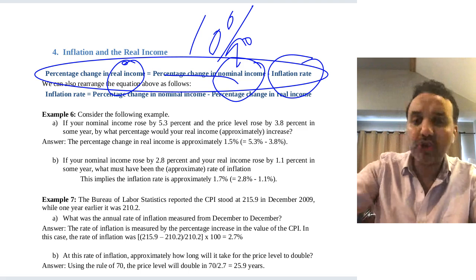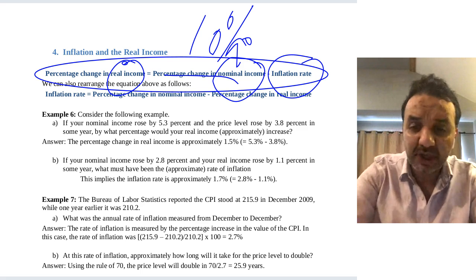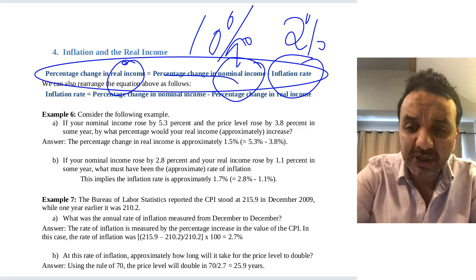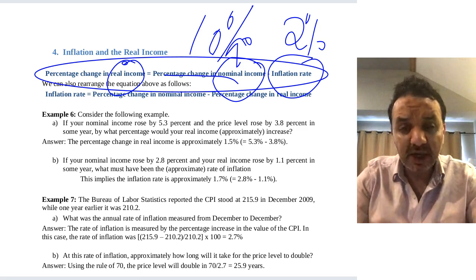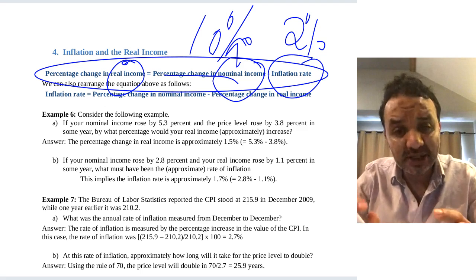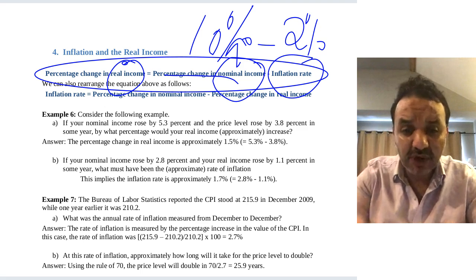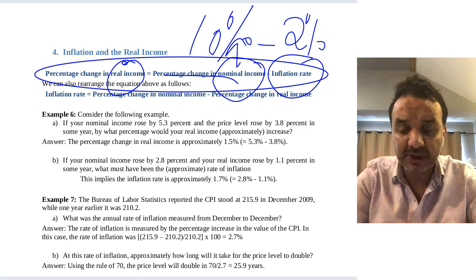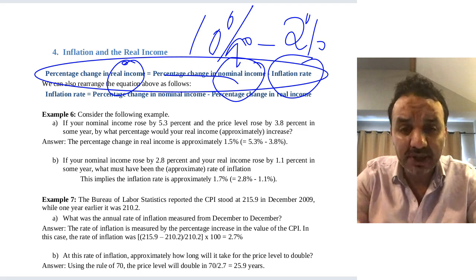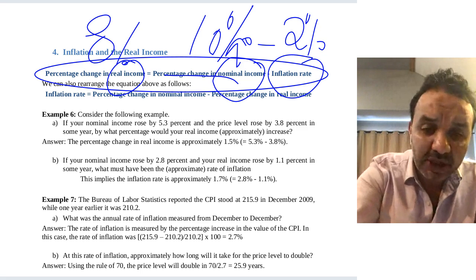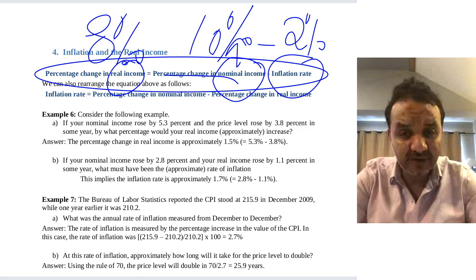You go to Walmart or Target, and the price of groceries increased by 2%. This is what we mean by inflation. So while your nominal income increased by 10%, the inflation increased by 2%, so you are not getting a 10% increase. Your net increase in your salary is only 8%. So this is another way where inflation can affect your income.